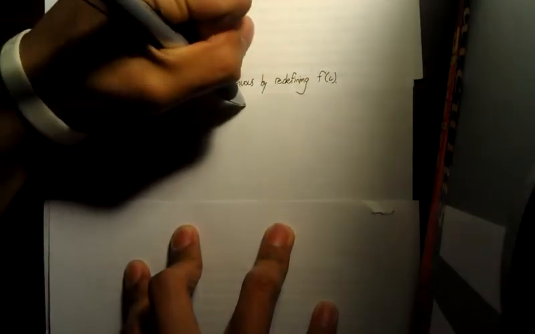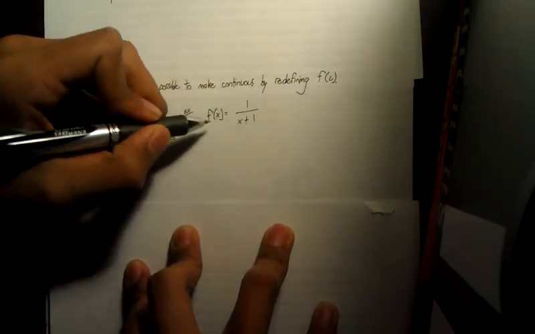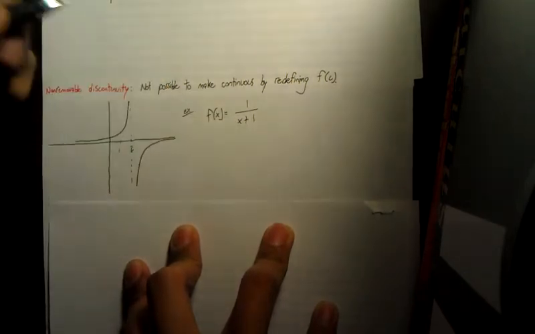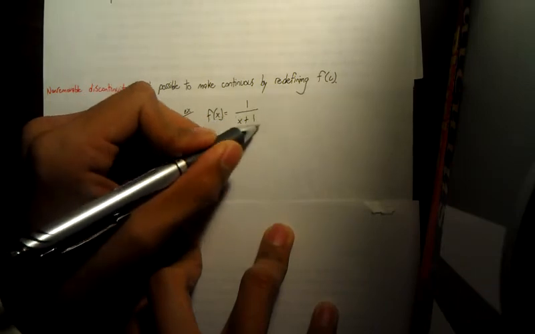So say you were given the problem f of x equals 1 over x plus 1. First you just want to look to see if there's anything you can cancel out or factor, and in this one you can't do anything. So then remember, to find a vertical asymptote, you look to the denominator and set it equal to 0.